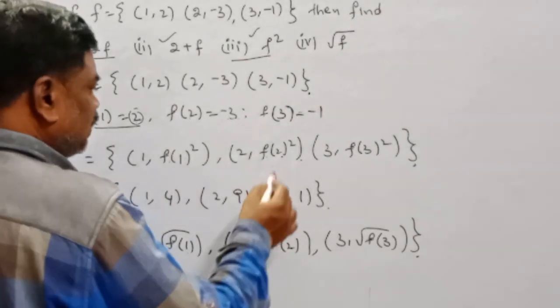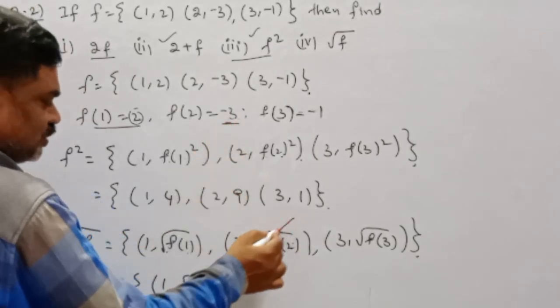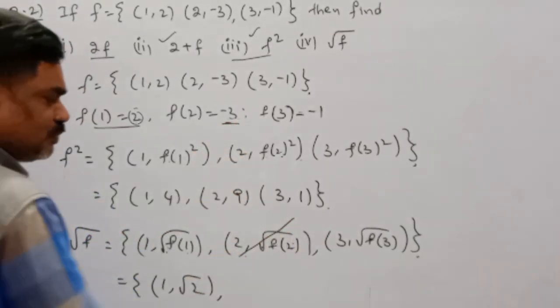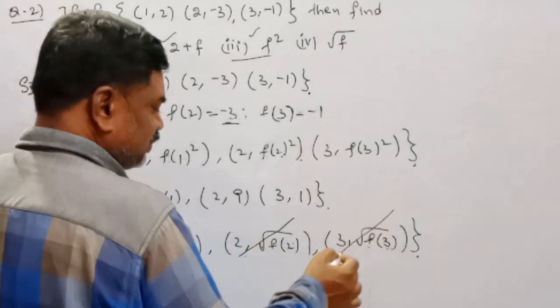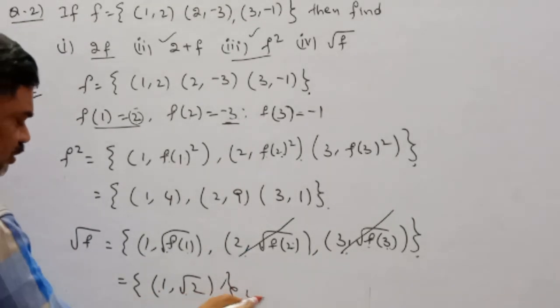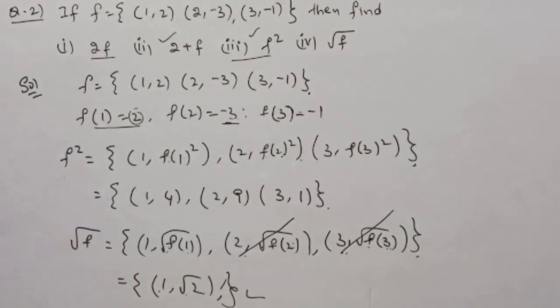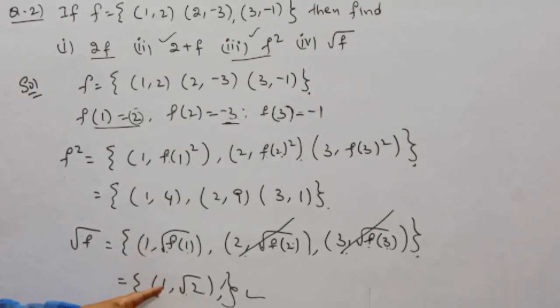F of 2 is what? F of 2 is minus 3, root minus 3, this is an imaginary number. Root f of 3 is root minus 1, this is also an imaginary number. Only (1, root 2) is the root f. This is only a real number. Root 2 is the real number. Okay, all of you? That's all.